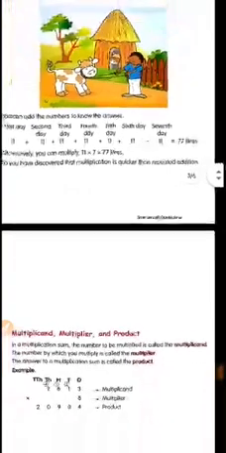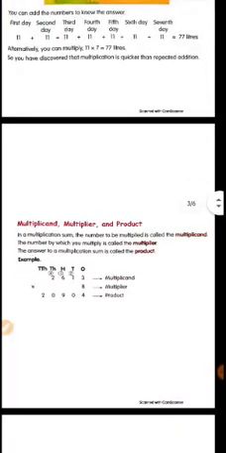And the answer we get after multiplying both of them is called the product. So here the first number, 2613, is the multiplicand, which is the number to be multiplied.